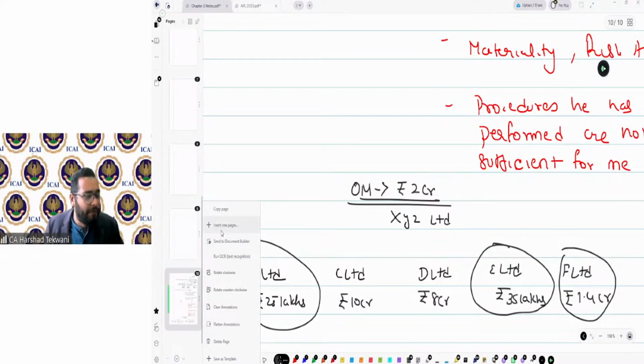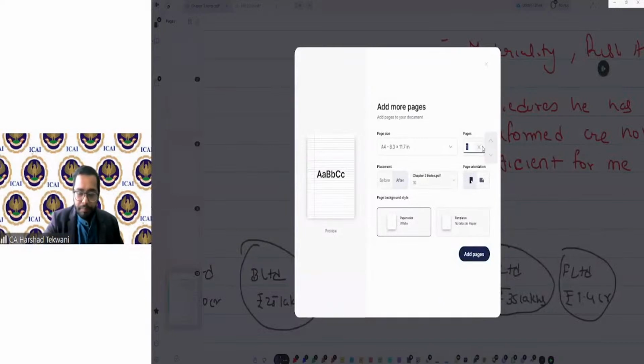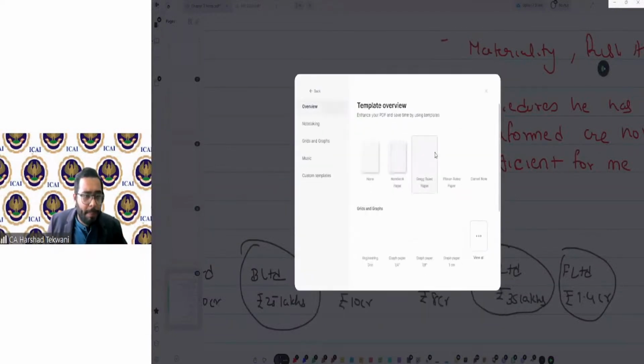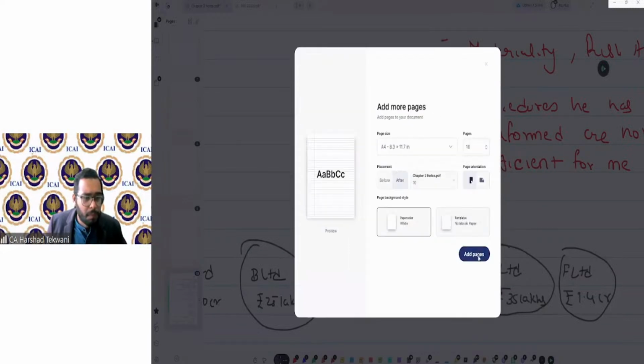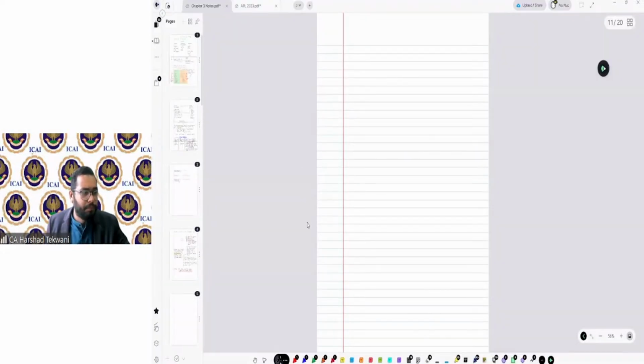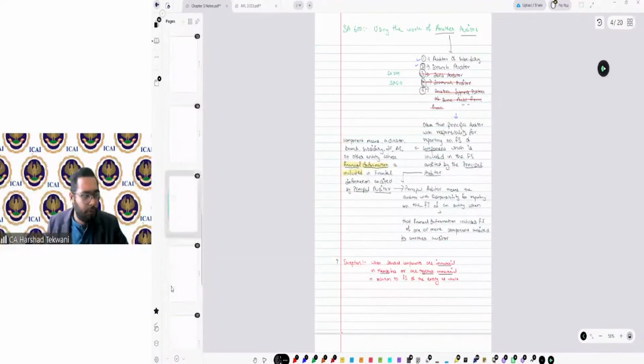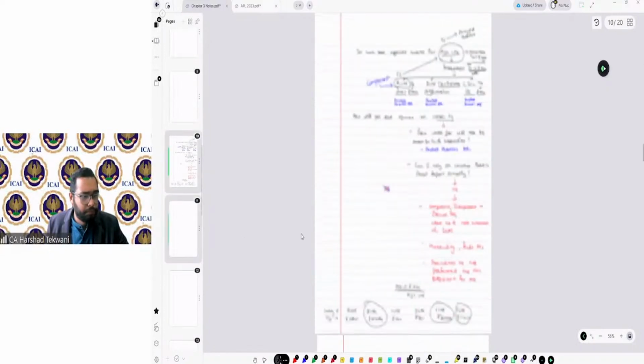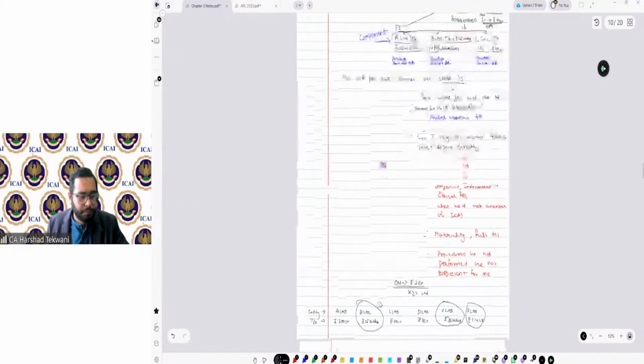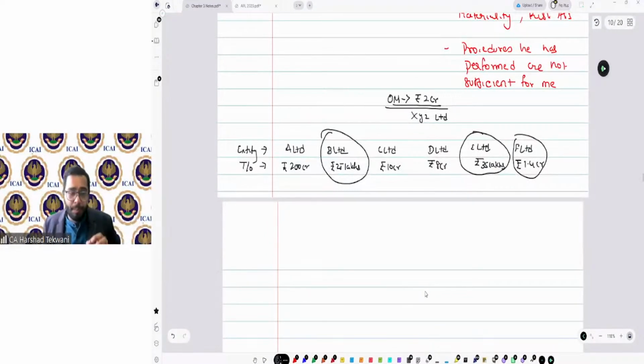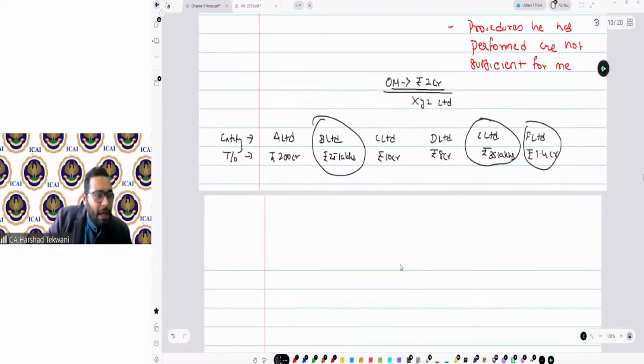If I exclude B, E, and F, the problem will be that the total of these three will become 25, 35, that is something 60, plus 1.4 becomes 2 CR.